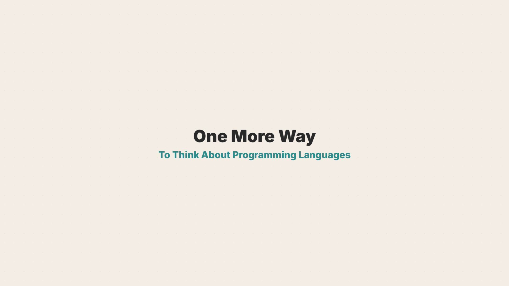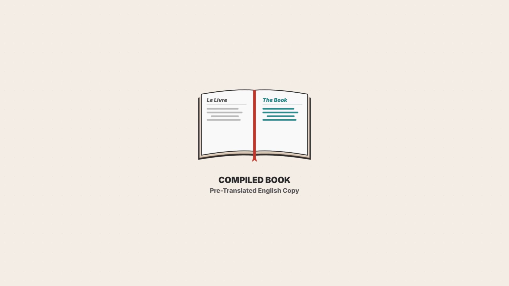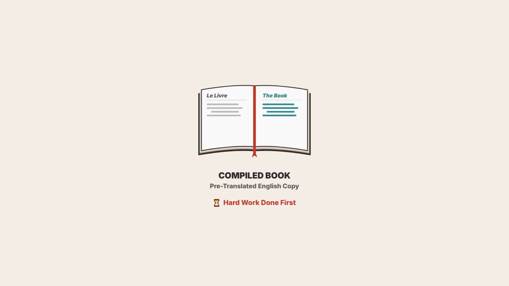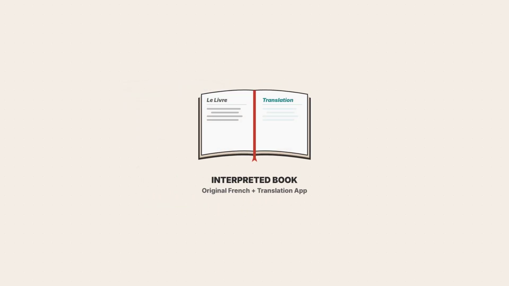There is one more way to think about programming languages. That is actually really useful to know. Imagine you buy a French book that has already been translated into English. The hard work happened beforehand. So when you open the book, you can read it immediately. Now imagine the book is still in French.